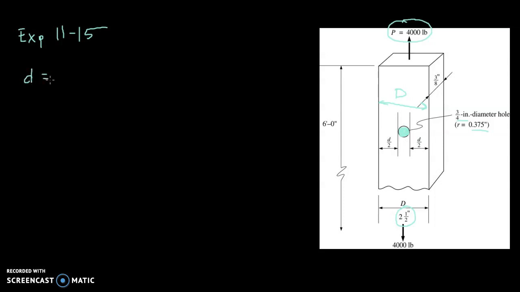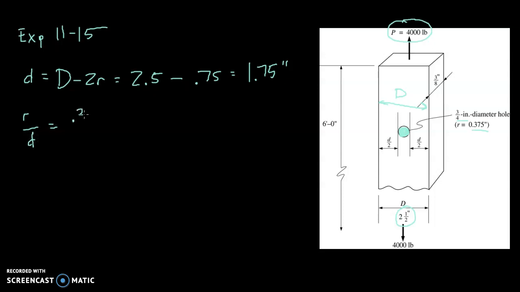So the net width is going to be the big D minus 2R, so that's equal to 2.5 minus 2 times the radius, which is 0.75, and so that's equal to 1.75 inches. So now I can find R over D. The radius of the hole is 0.375.